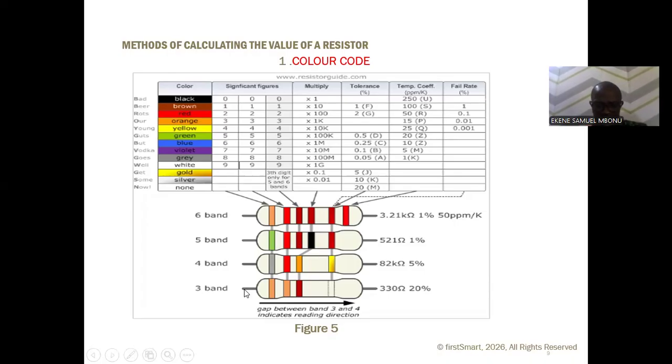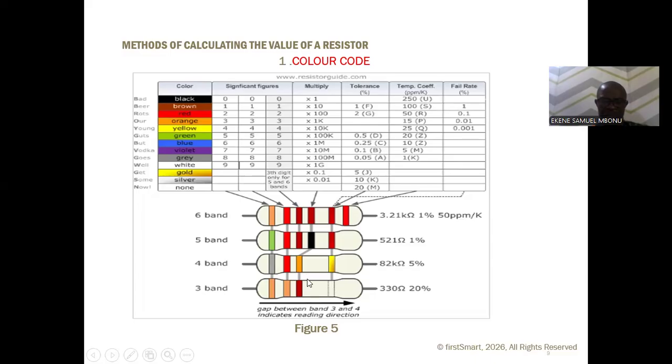Let's start with this one. You need to follow me carefully. Let's start with a 3-band resistor. The first 2 colors are always the digits. Then the 3rd color is what we call the multiplier.